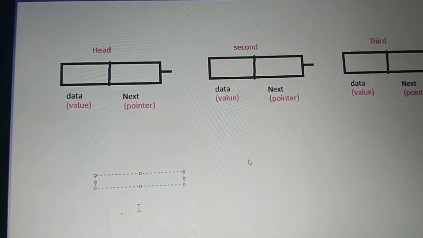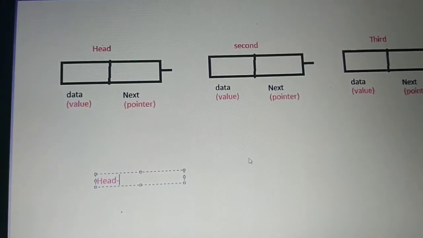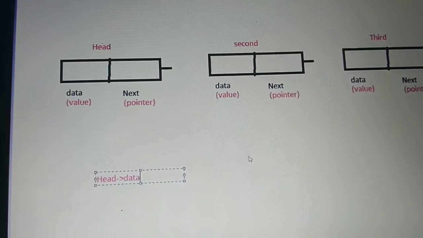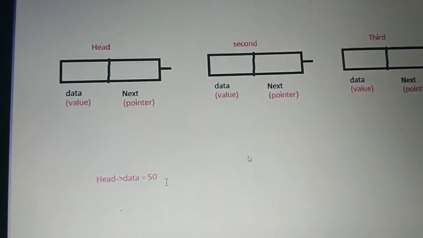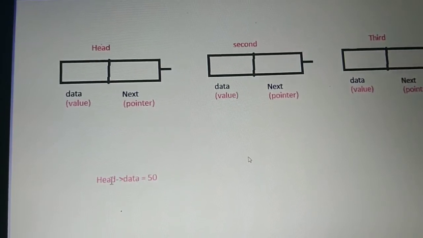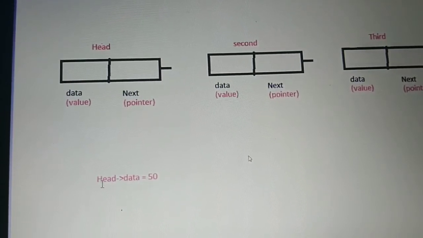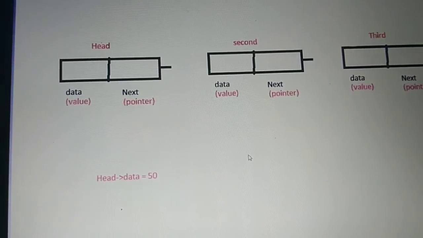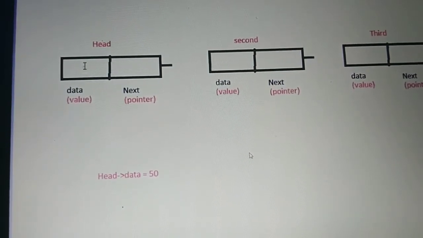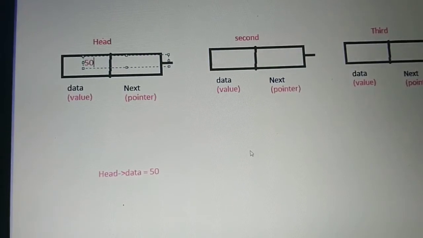So if I said something like head dot data is equal to 1, let's make it 50, whatever. When the compiler goes to this line, head arrow data equal to 50, it will go and fill in the data value with 50.